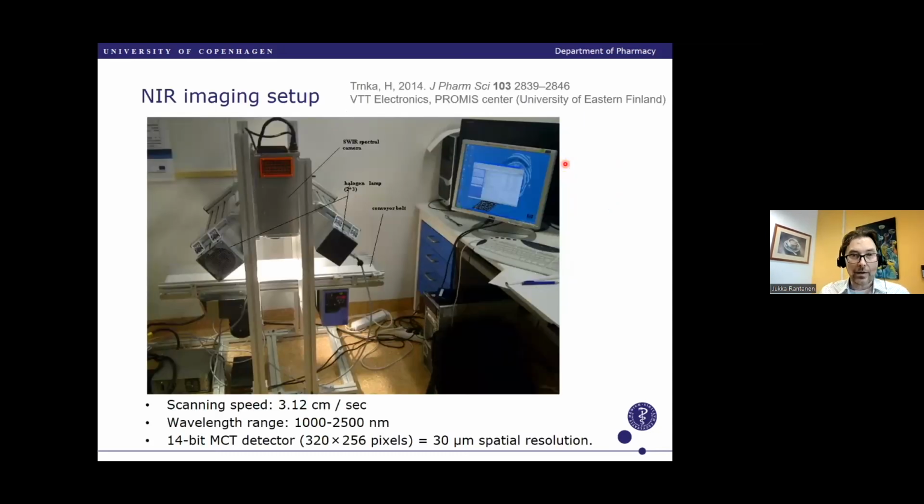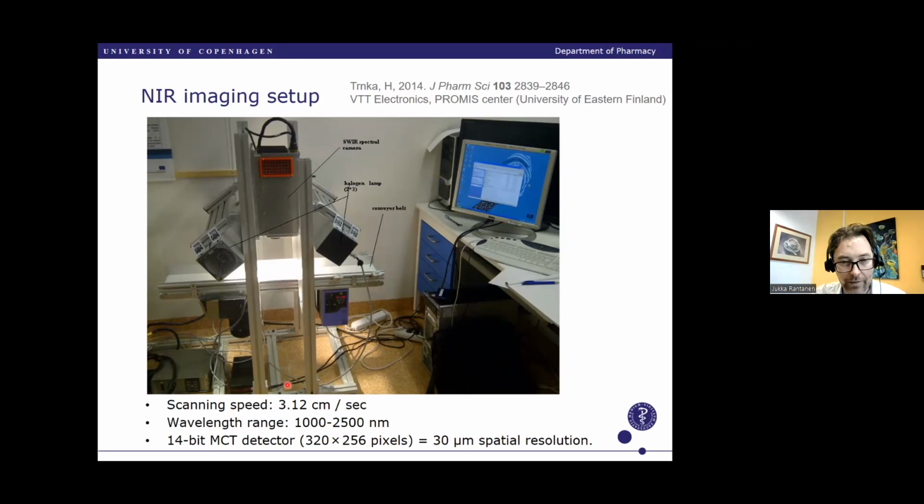And this can be measured with different types of NIR imaging setups. So this is an example where we have a conveyor belt where the sample is moving in this direction, and a line camera presented here. We measure one line, the sample moves, then we measure a second line, and all of a sudden we can make pictures of objects.